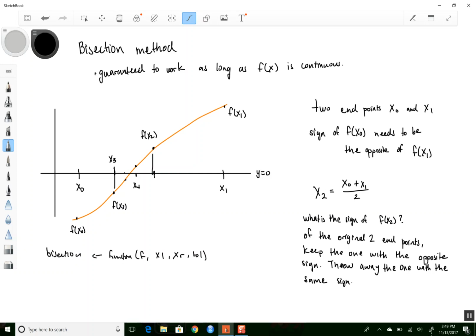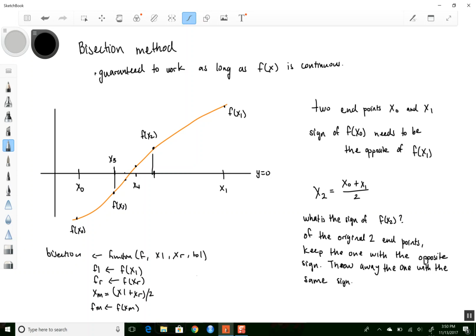We'll say FL is the function at x left, and FR is the function at x right, and then you'll calculate a midpoint. So we'll have xm being xl plus xr over 2. And then fm, which is the function at xm.